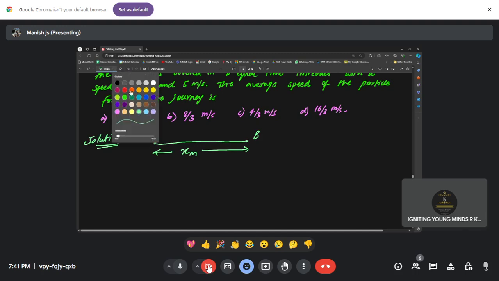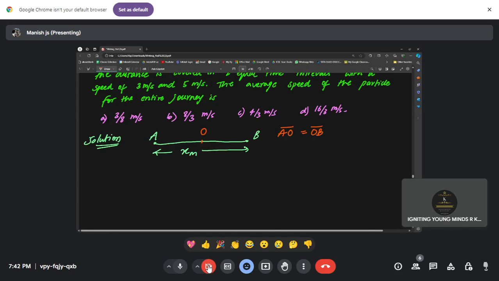Now for half of the journey, we have a midpoint O. So O is the midpoint of AB, where AB is the entire distance covered by the object. So AO is half of it and OB is also half of it. AO equals OB, because O is the midpoint of AB.